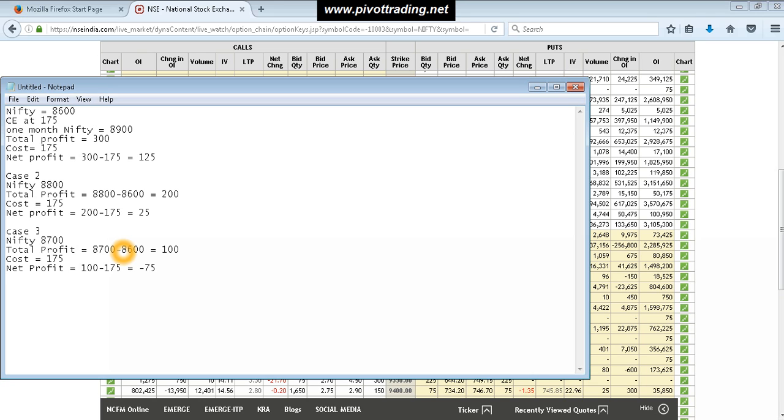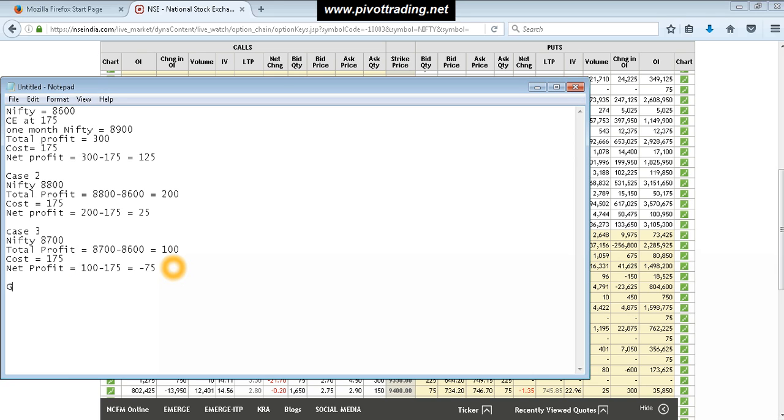To get this profit of 100 points, your total investment was 175. So your investment was more, but your return was less. So ultimately you ended up in a loss.